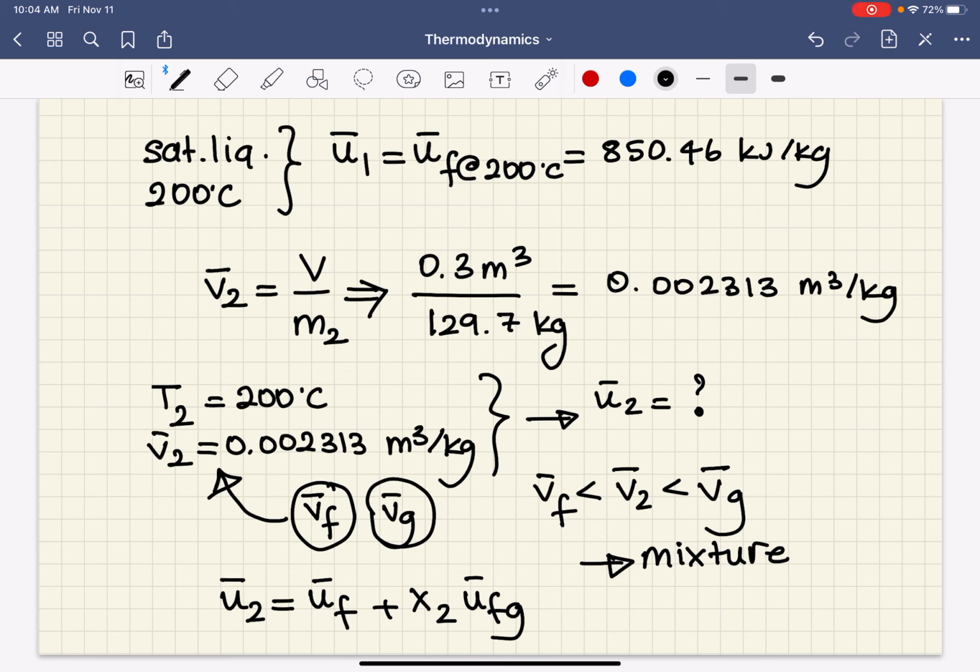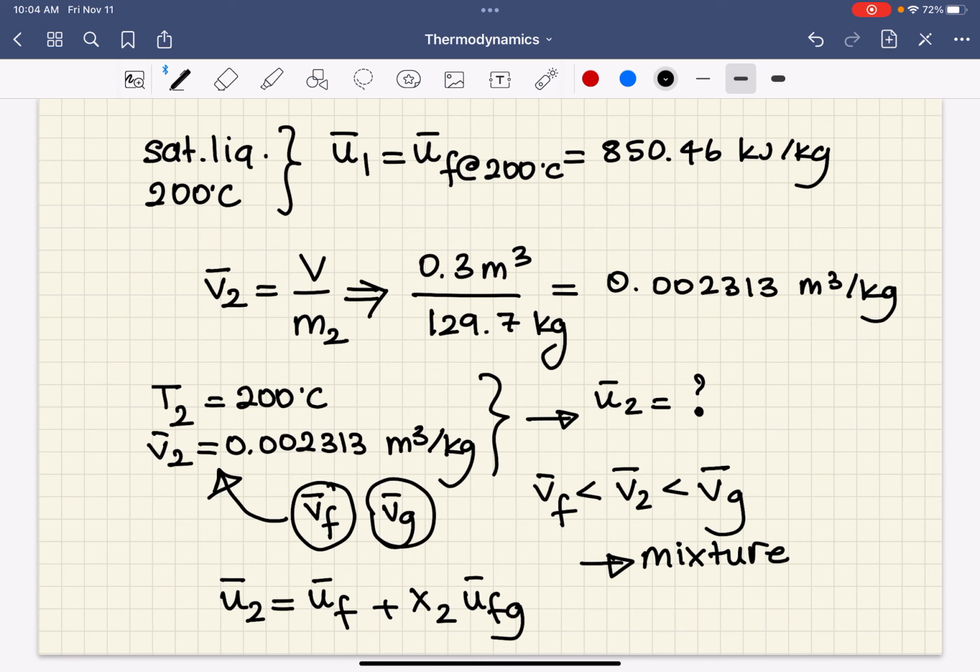Because once you have a mixture, the only way to figure out your internal energy or any other specific property is to calculate it yourself through quality. Now, yes, we can figure it out, but we don't know what the quality is. So the first thing we need to do is figure out what is the quality at the second state.